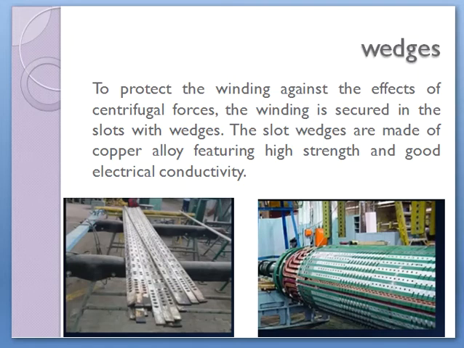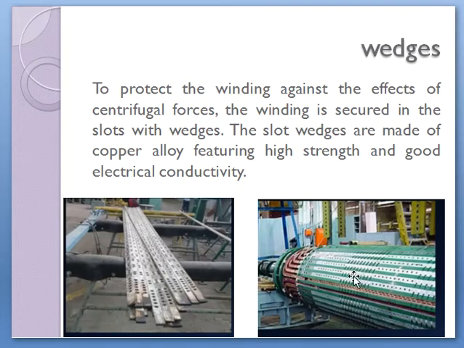The slot wedges are made of copper alloy, because since the wedges are inserted on the top of the windings, we have to keep the conductivity intact. Hence, the wedges are made up of copper, which give a high strength and also good electrical conductivity.